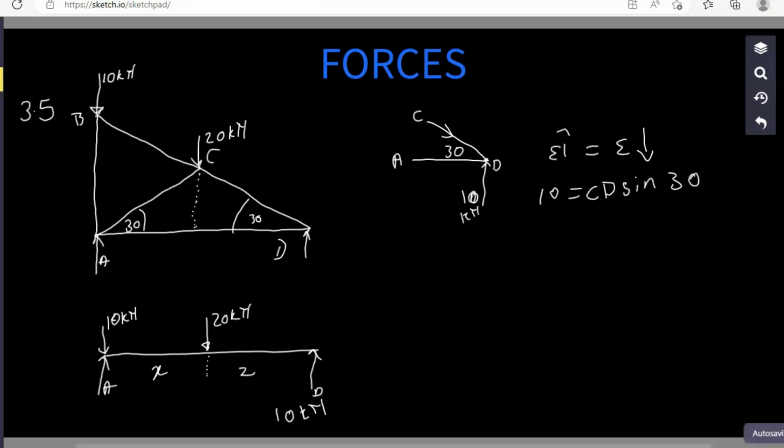Remember, this direction we choose is confirmed when we get the final answer. When the final answer is positive, it means the direction is correct. So here we are going to say the value of CT is equal to 10 divided by sine 30.